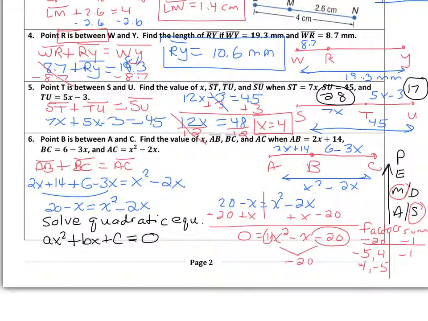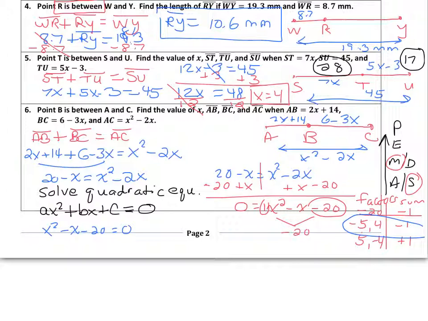Oops, I'm sorry, I rewrote the same exact thing here. I meant to write positive 5, negative 4. You can see that sums to positive 1. So we're looking for this combination here. And so we're going to rewrite that middle term. I'm going to flip it all over too. I've got over here x squared minus x minus 20 equals 0.